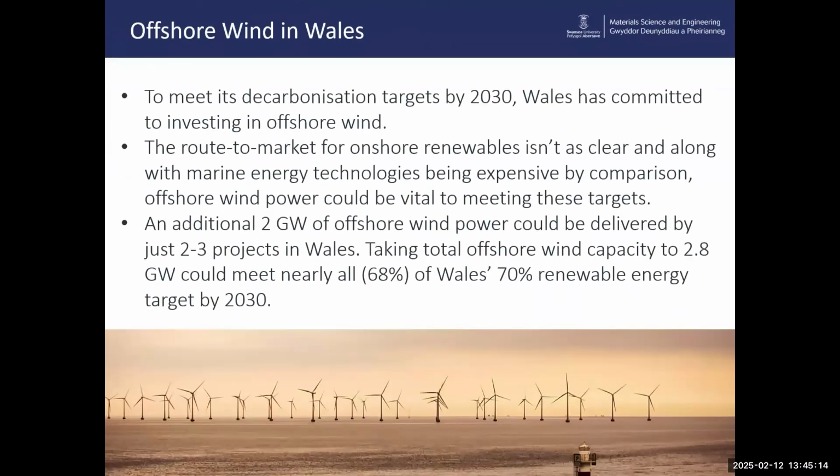And some more about offshore wind in Wales. To meet its decarbonisation targets by 2030, Wales has committed to investing in offshore wind. The route to market for onshore renewables isn't as clear, and along with marine energy technologies being expensive by comparison, offshore wind power could be vital to meeting these targets. This is an interesting statistic.